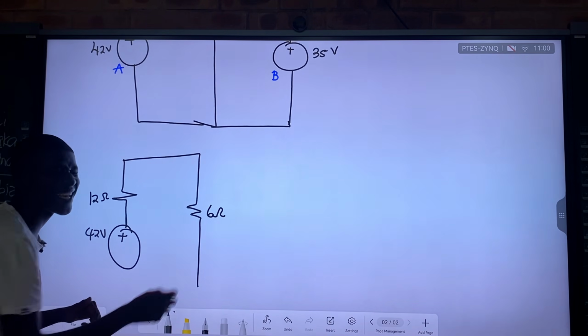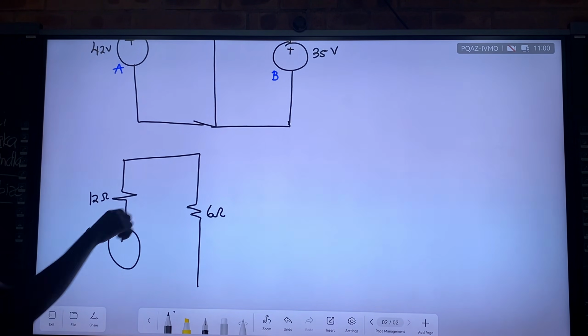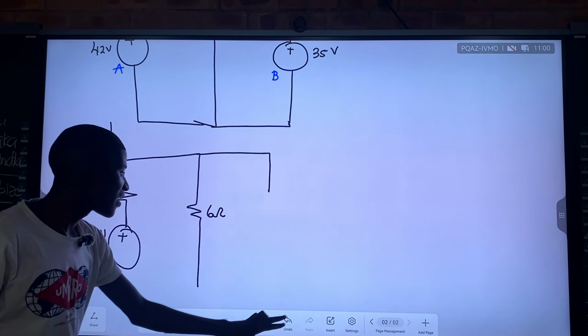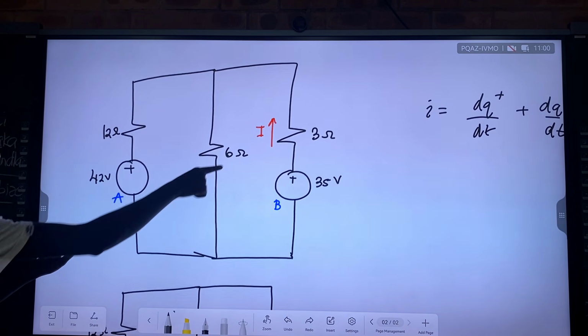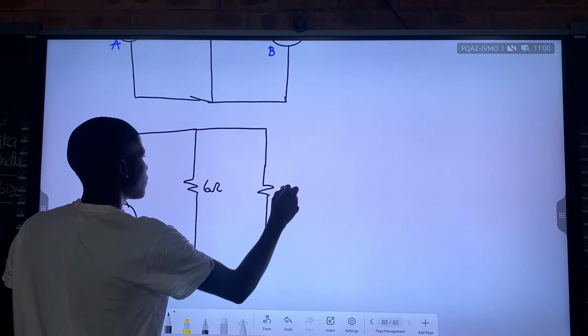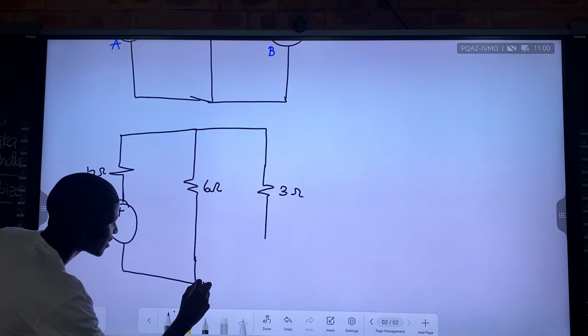You are not changing your circuit, you are not adding anything, you are just removing a voltage source, so that you can see the effect of one voltage source, this one, 42 volts. On that side I'm going to rewrite the resistor as it is. So 3 ohms here, and then our circuit closes at this point.